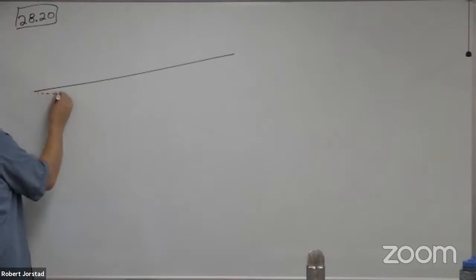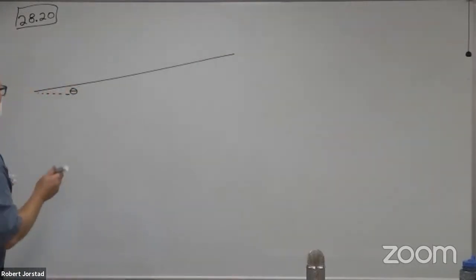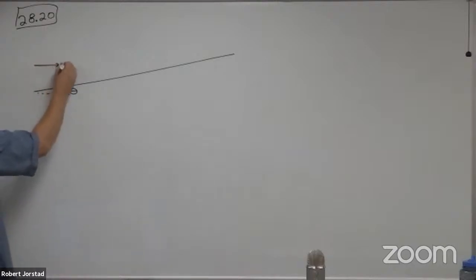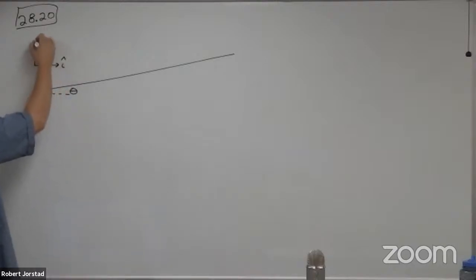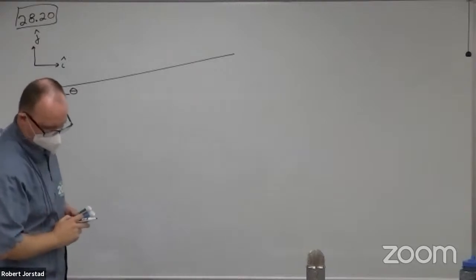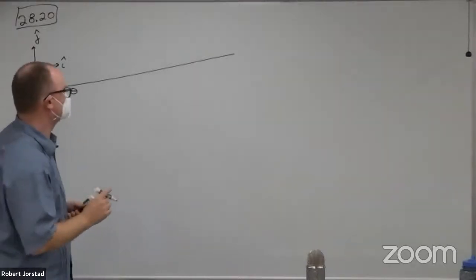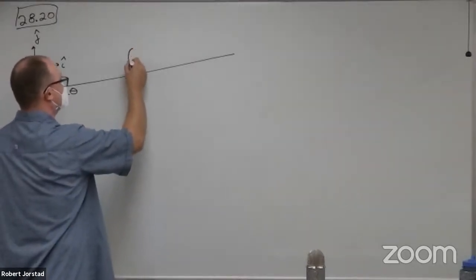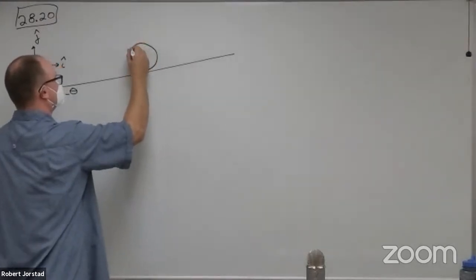And that problem is 28.20. Okay, looks like we got a coordinate system here. That's always nice. I hat, J hat, K hat would be the page done. All right. What's sitting on there? A cylinder is sitting on here. Everybody agree that's supposed to be a cylinder?